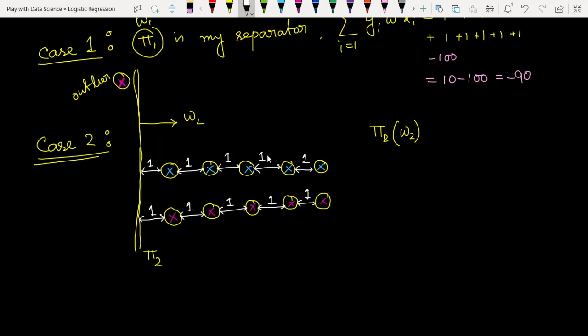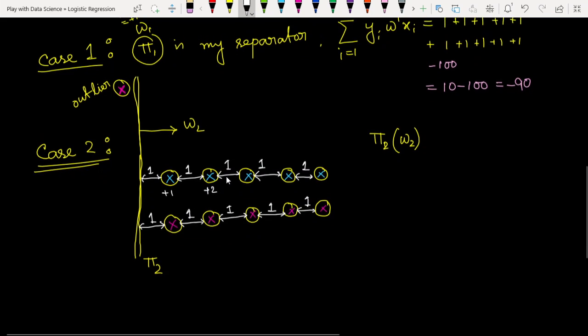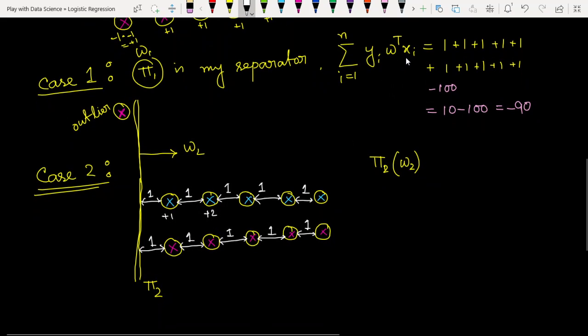Now the main thing is what is the signed distance of this? This is a positive point and this is a negative point, and the positive point is correctly classified, so this value will be +1, this value will be +2. Why +2? Because w transpose xi is positive and yi is +1 for this.